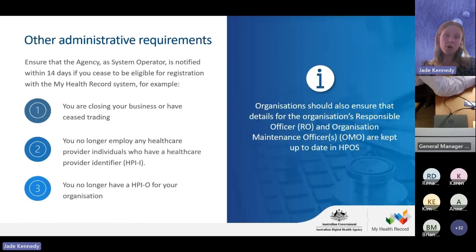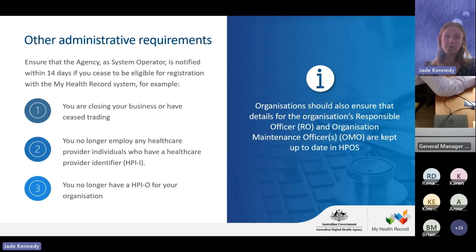In addition to those ongoing requirements, there's also a couple of other requirements that I wanted to bring to your attention. The first is ensuring that the agency is notified within 14 days of any changes to registration, particularly if you cease to be eligible for registration with the My Health Record system. This is obviously something that is quite common.